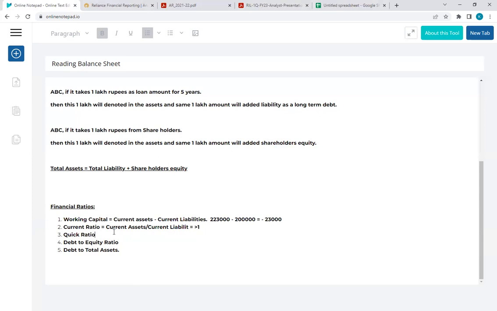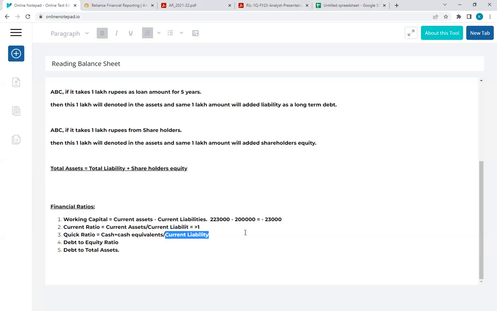Coming to the third one, quick ratio. Quick ratio is cash plus cash equivalent assets. Cash equivalent means assets which can be converted into cash immediately. So cash or cash equivalents divided by current liabilities. This ratio tells the company's ability to pay the current liabilities with this cash only.